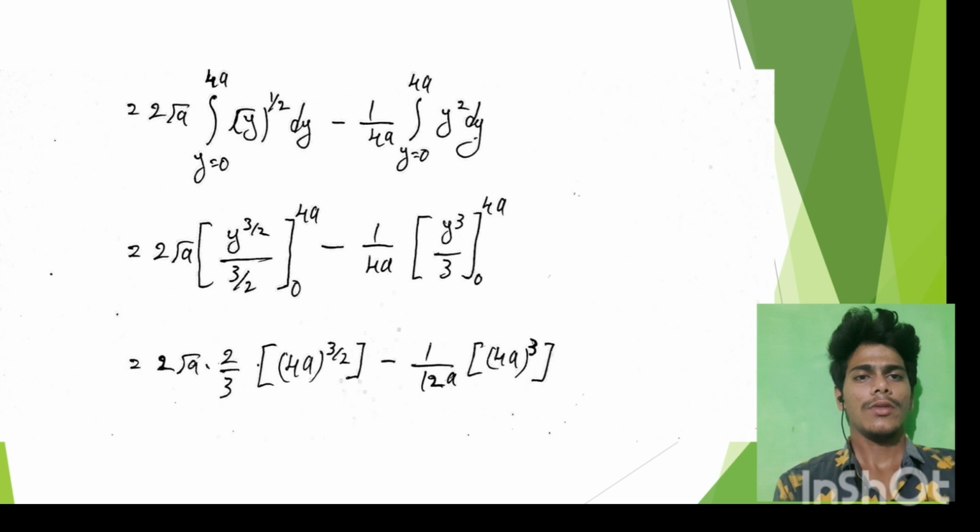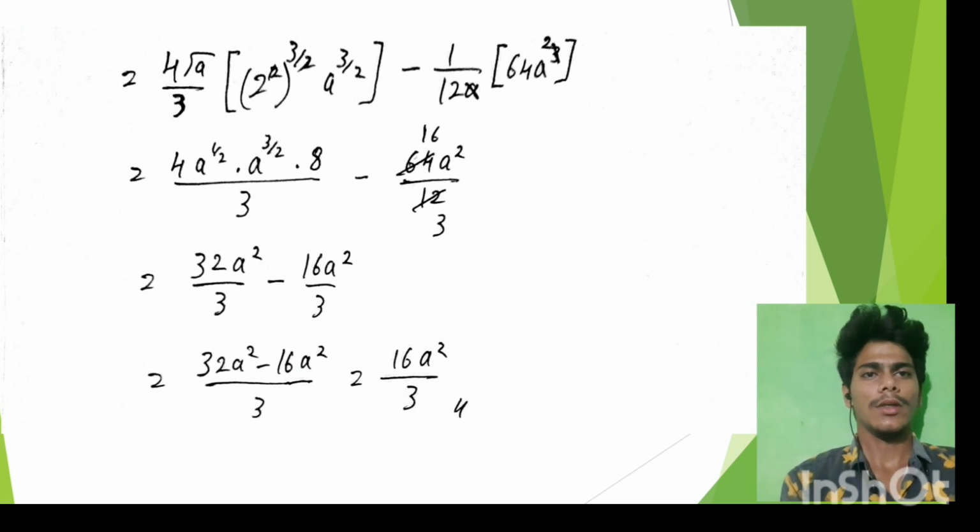The 3 by 2 in the denominator comes in multiplication: 2 root a into 2 by 3 into 4a whole power 3 by 2, minus 1 by 12a into 4a whole cube.